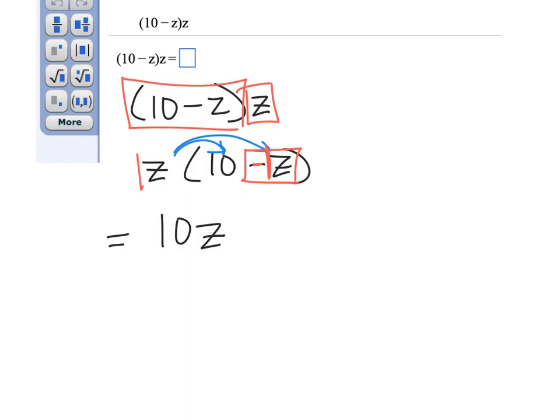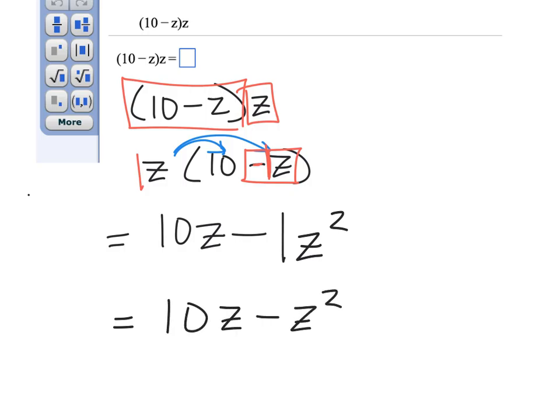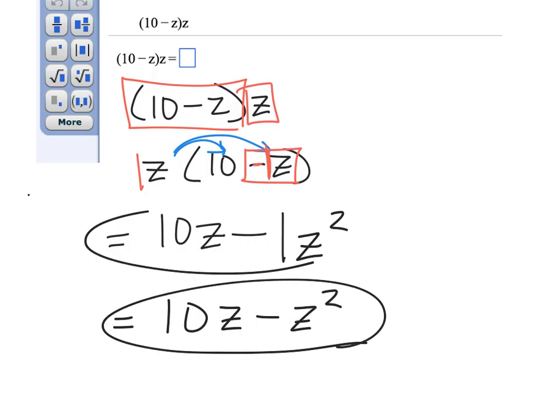So what is 1 times negative 1? Well, that's negative 1. So we know the answer is going to be negative 1, and z times z is z squared. So that's the answer. Although if you wanted to, you could drop that 1, and it could be 10z minus z squared. Your choice. Either one of these would work.